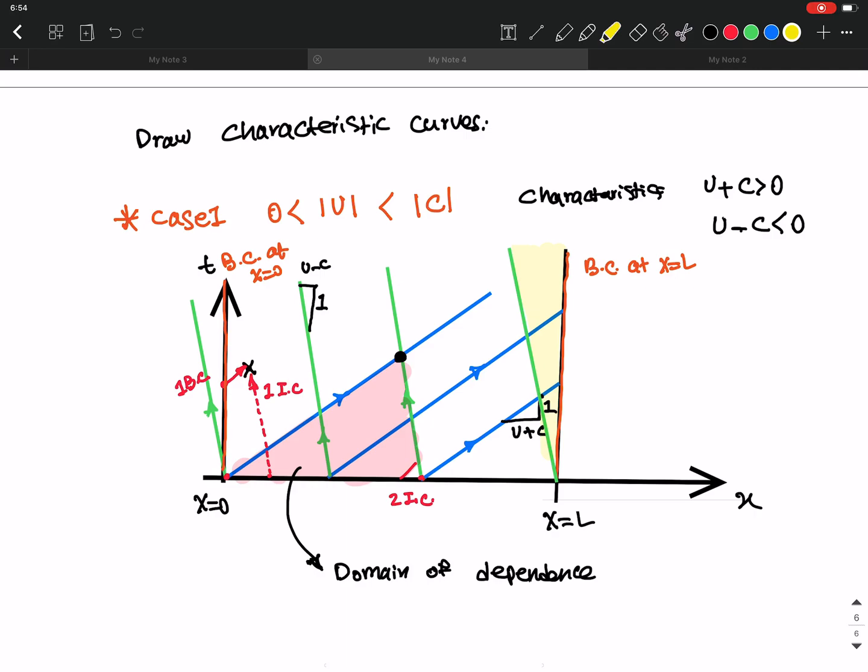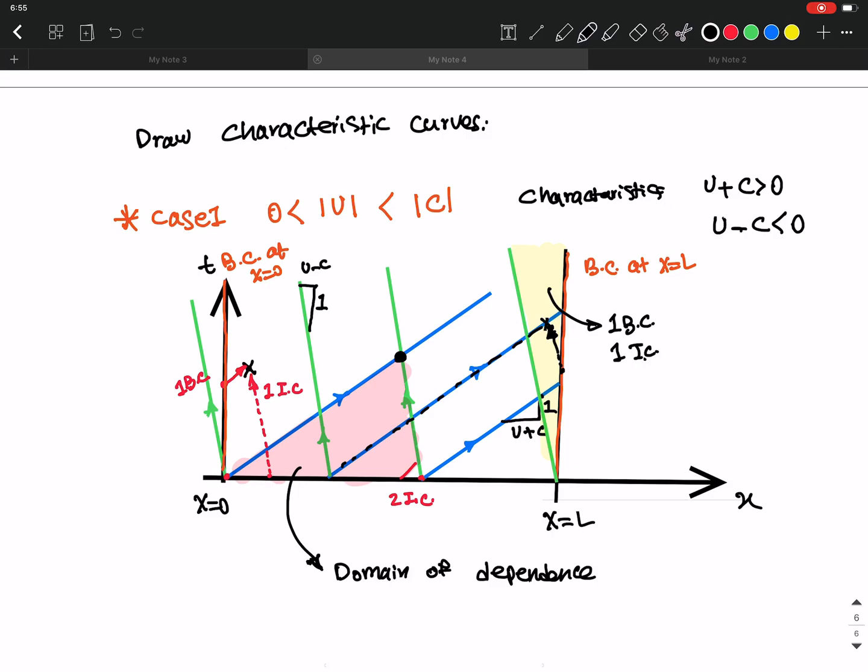In this region you will need one boundary condition and one initial condition to find the answer. So for example, for this point, you have the initial condition from here, and then the boundary condition is going to be from here, right? So this is the domain of dependence. You will need one boundary condition and one initial condition. In the red one below, you need only 2 initial conditions.